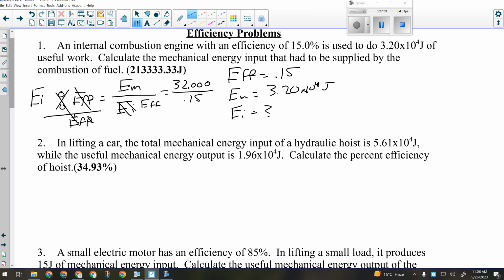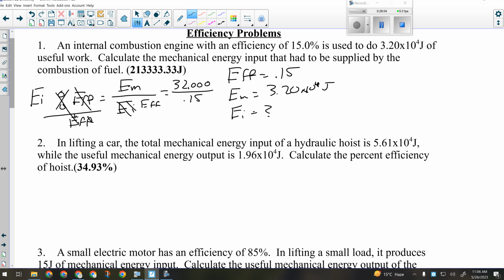If I do that, I should get 213,333.33 joules worth of energy input. If something's running at 15%, I have to put in a lot more energy than the work I actually got out of it. Would you agree? That's why that number is so much bigger than the useful work number.